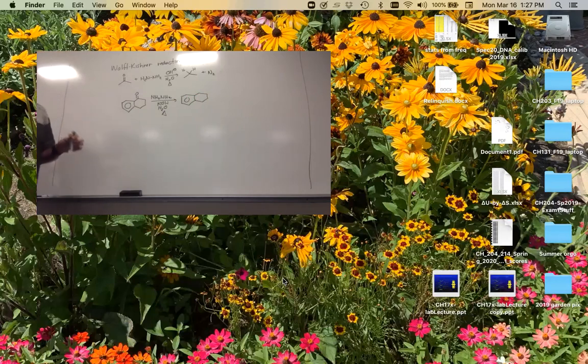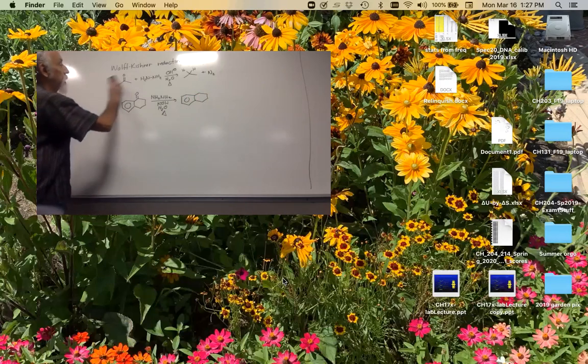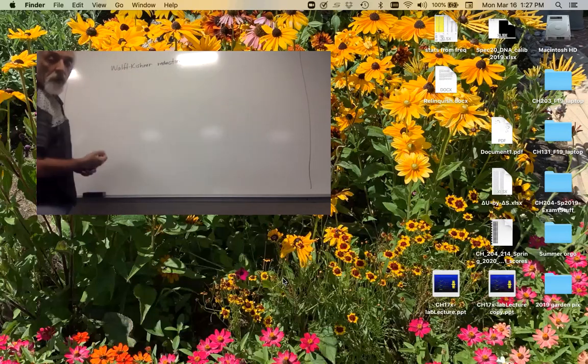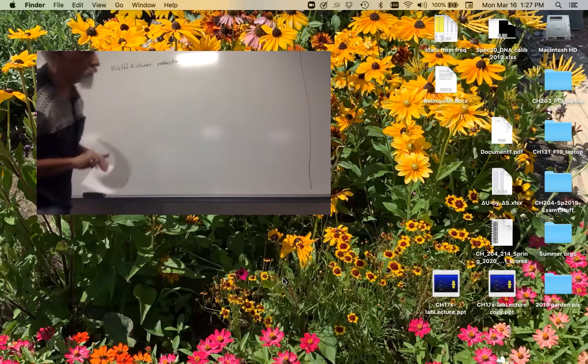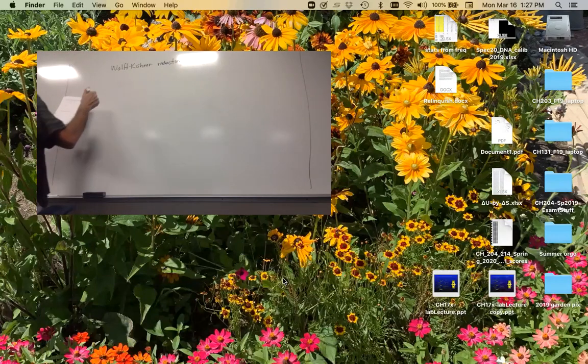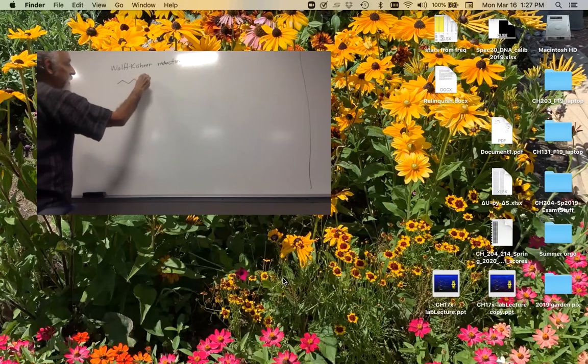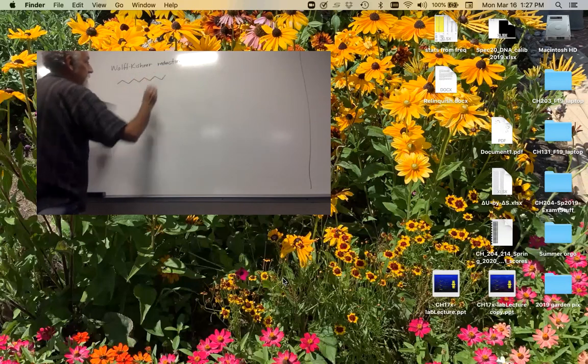Okay, so now let's try Wolff Kishner in a synthesis problem. Our target is decane. 1, 2, 3, 4, 5, 6, 7, 8, 9, 10.